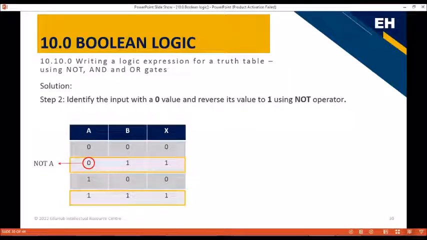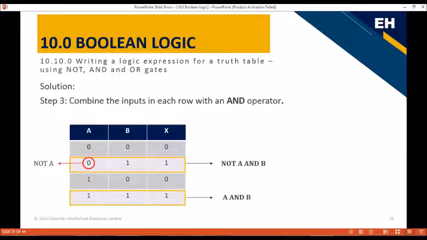Identify the input with a 0 value and reverse its value to 1 using NOT operator. So we have only one input that has a 0, and we have reversed it to NOT A. Combine the inputs in each row with an AND operator. So in the row, we have NOT A and B. And why are we having NOT A?